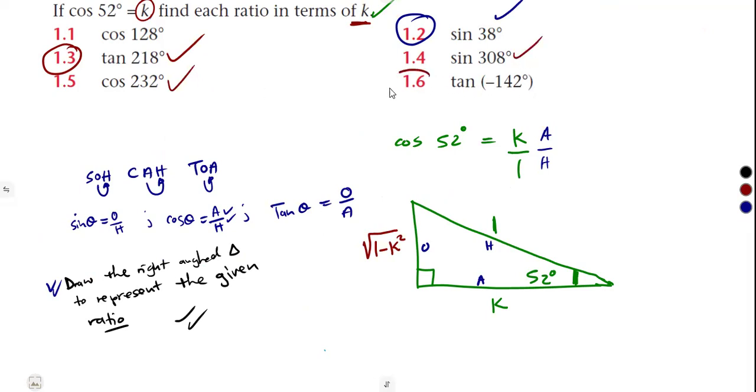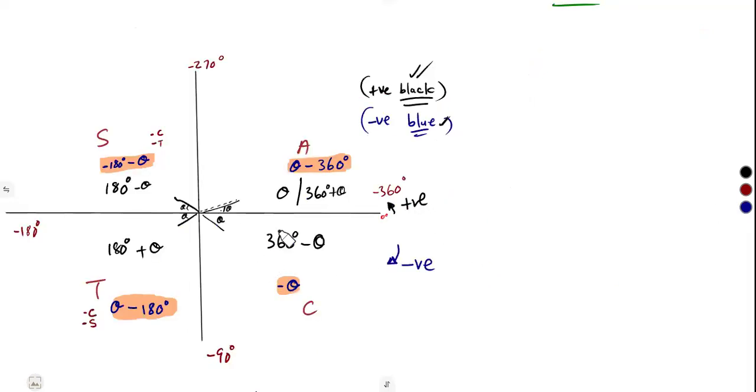All right, so let's focus on this one, because these ones, guys, are direct. We talked about these angles in our previous class. Negative 142, we also talked about this. Let's see, minus 142. Remember, negative angles go this way.